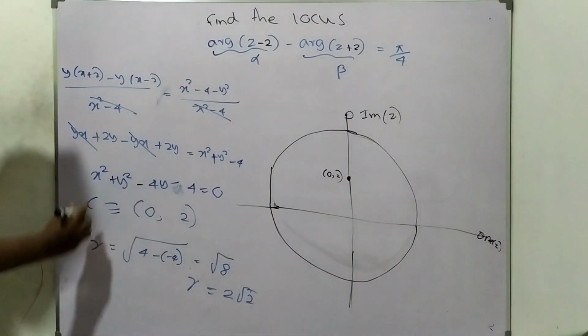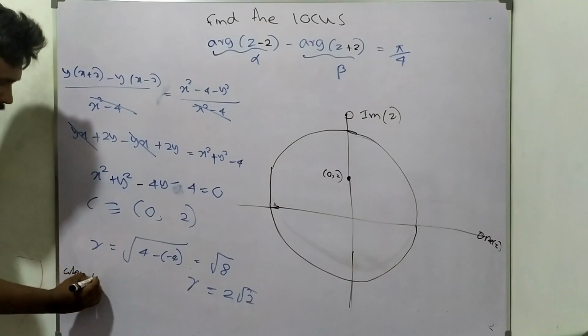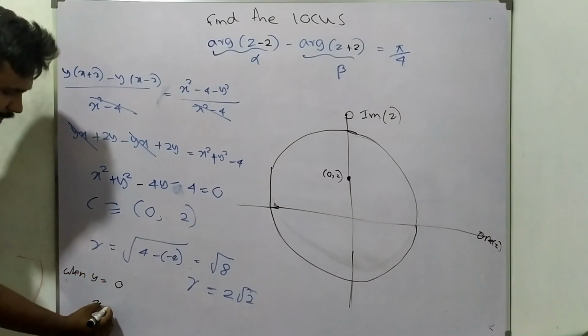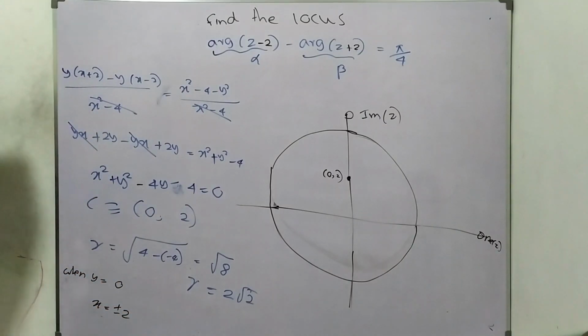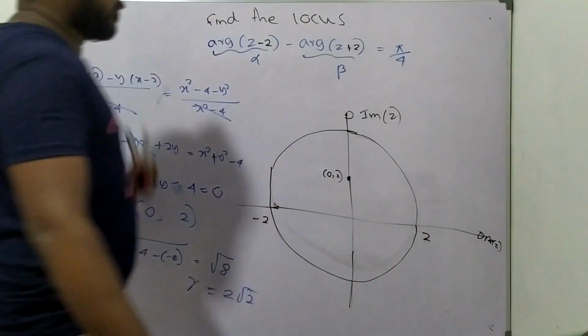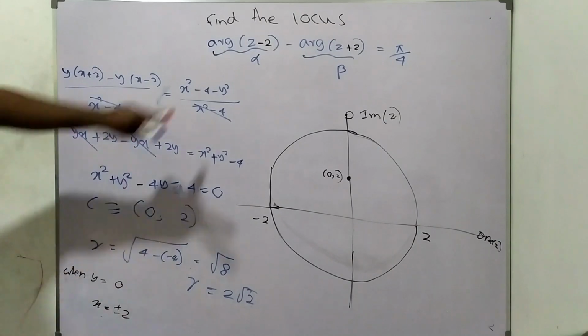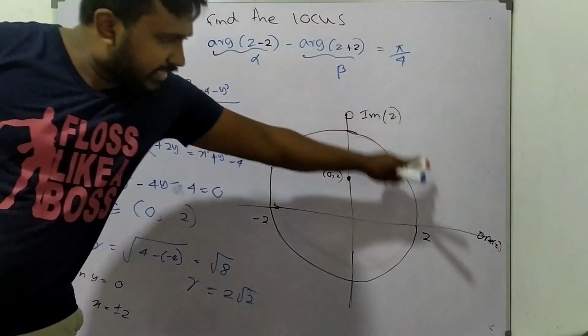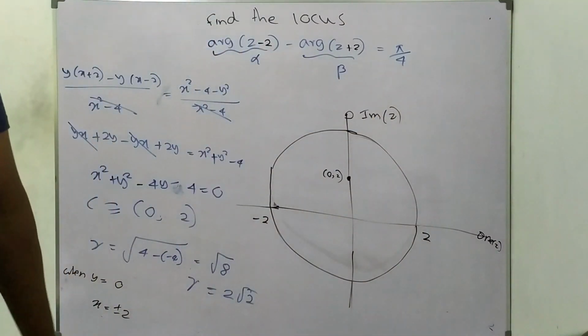Then when y becomes 0, x equals plus or minus 2. So here it's minus 2, plus 2, right? So actually the circle is the locus of z.